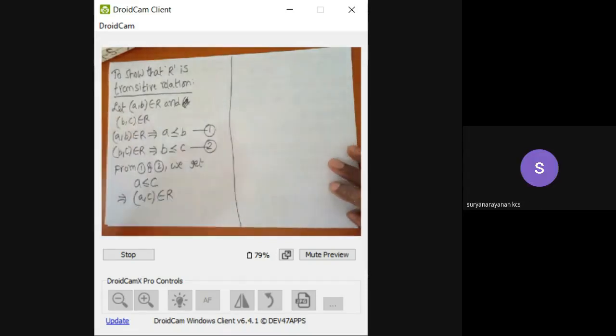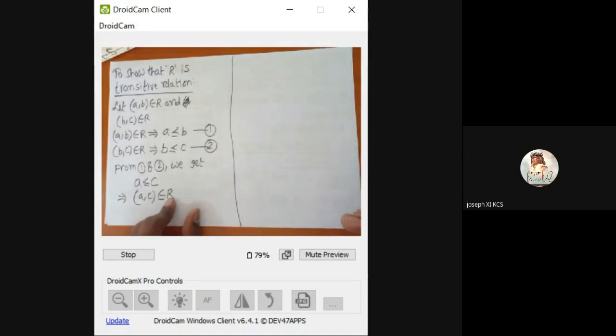So we have taken two linked ordered pairs, A comma B belongs to R, B comma C belongs to R, and finally we got the result: ordered pair A comma C belongs to R. Then is the transitive relation condition satisfied by relation R or not? Satisfied, sir. The transitive relation condition is satisfied by the relation R.